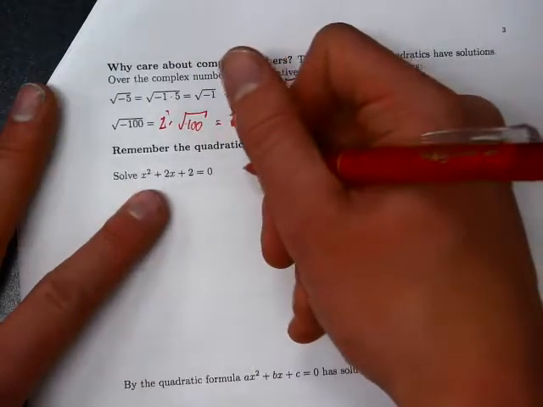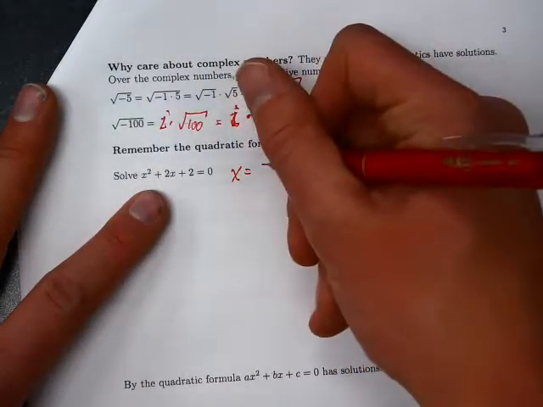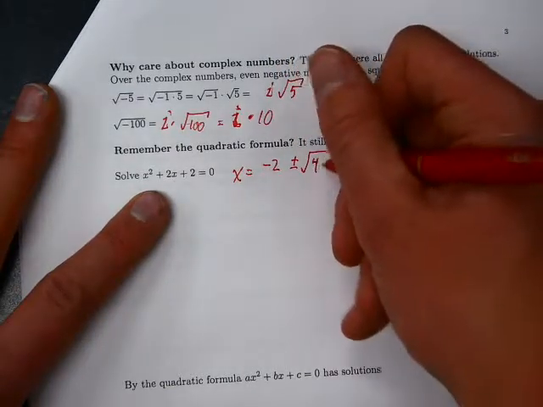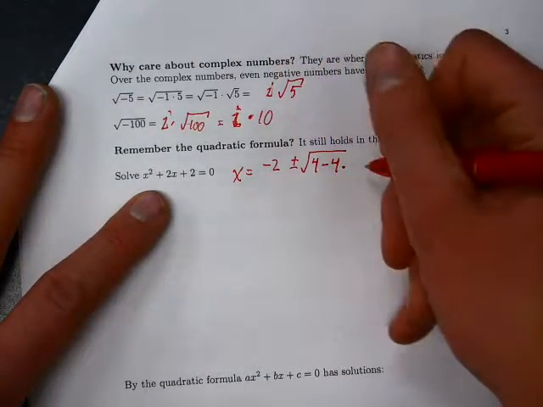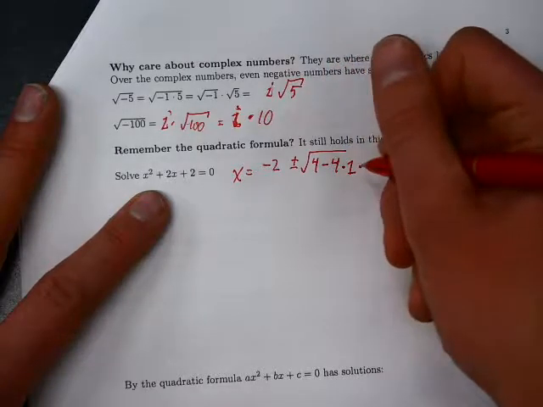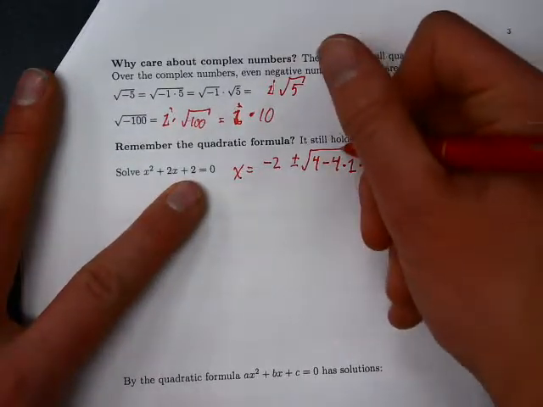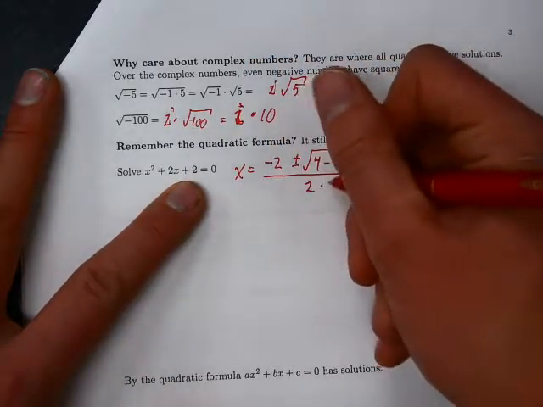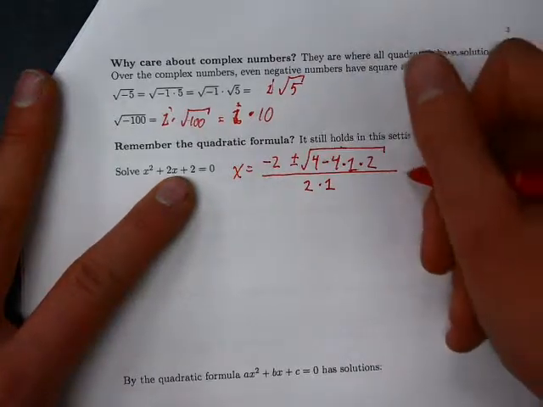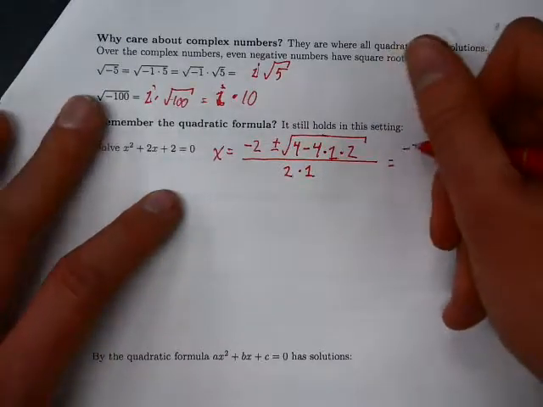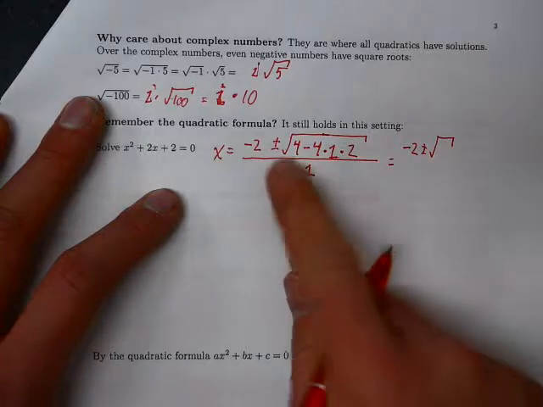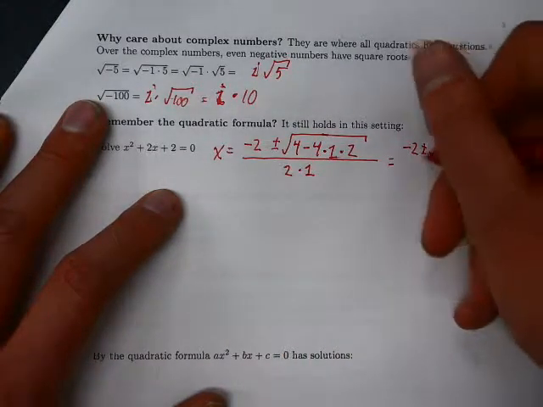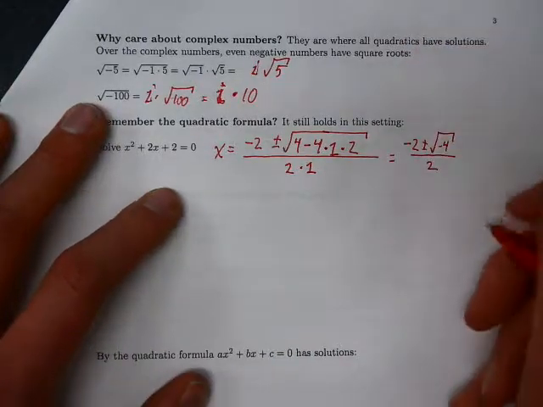So we wind up with x equal to negative b plus or minus the square root of b squared minus 4ac, all over 2a. And now we simplify it out, we see what happens. Negative 2 plus or minus the square root of, so I guess that's 4 minus 8. 4 minus 8 is negative 4, all over 2.